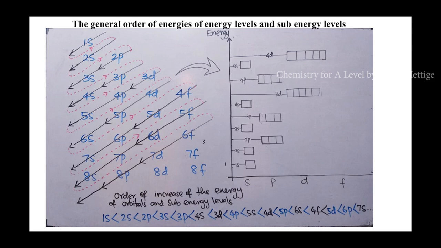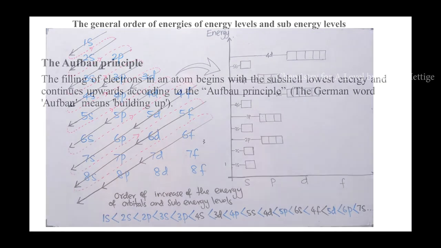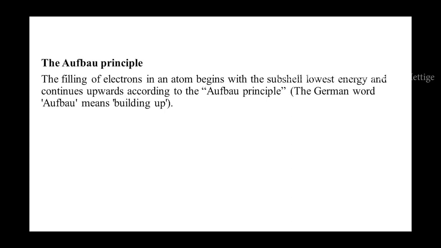All these complex things we are not discussing in the A Level syllabus. What you are supposed to know is the variation of the energies of these sub-energy levels. The Aufbau principle, or the building up principle, states that electrons are added to an atom beginning from the sub-energy level with the minimum energy.